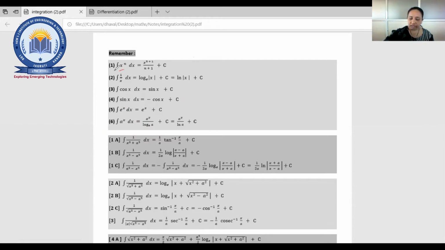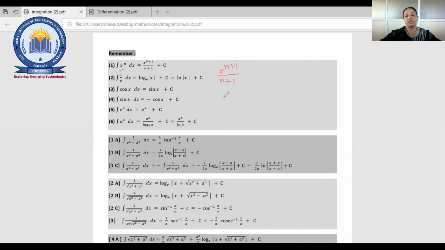Now, one thing is, when we are going for the integration, it should be in the denominator, right? That means x raised to n, whatever the power n of x is there, it should be incremented by 1. That means here you can say x raised to n plus 1 upon n plus 1, right?